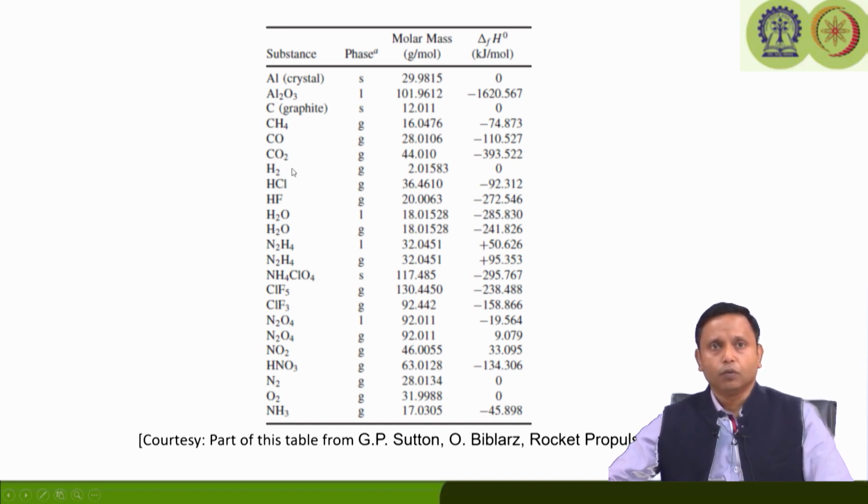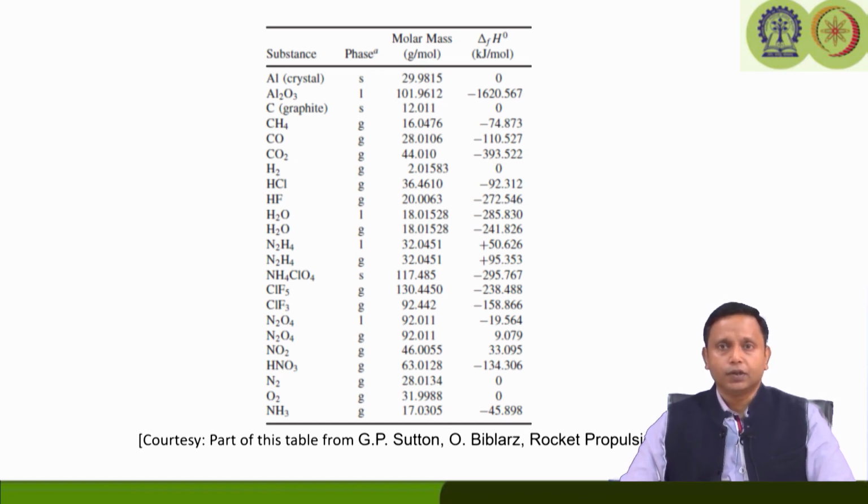The molecular mass of CO2 is not exactly double, but at least 1.5 times that of CO. So, if the products contain both CO2 and CO, the average molecular mass will be lower than if the products are composed of only CO2. Taking advantage of the reduced molar mass for the products, the mixture ratio is generally slightly fuel rich for the solid propellant.